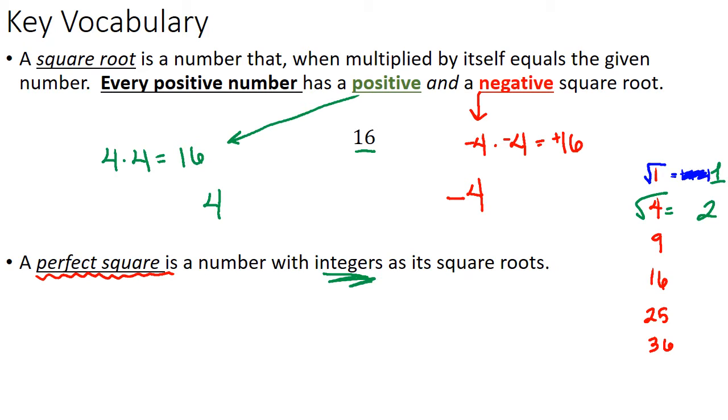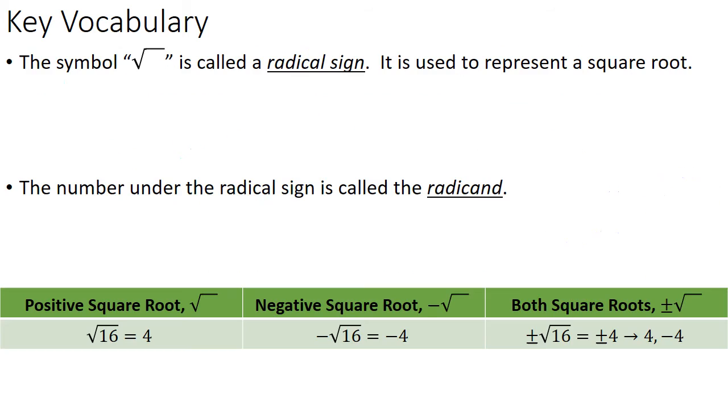Now, to contrast that, all of the numbers in between 1 and 4, 2, 3, and all the numbers between 4 and 9, 5, 6, 7, 8, are not perfect squares, and so on and so forth. What that means is their square roots, so the square root of 2, is not going to be some integer whole number. There's no integer whole number that multiplied by itself is going to give me 2. So 2 is not a perfect square.